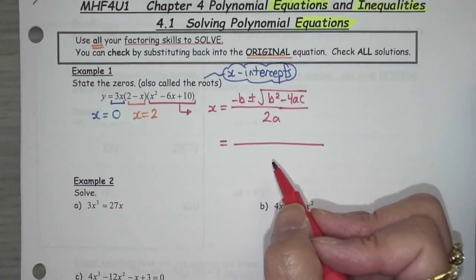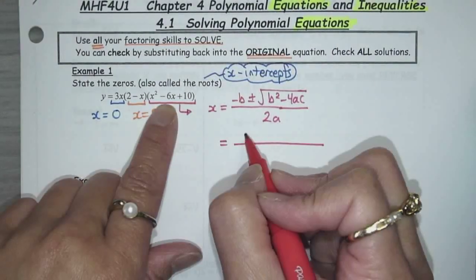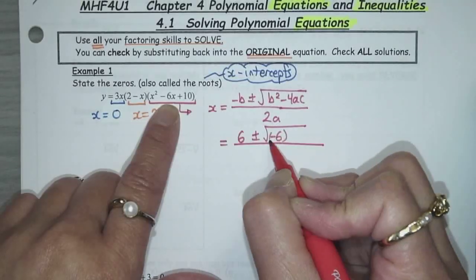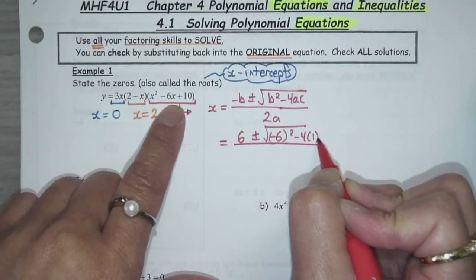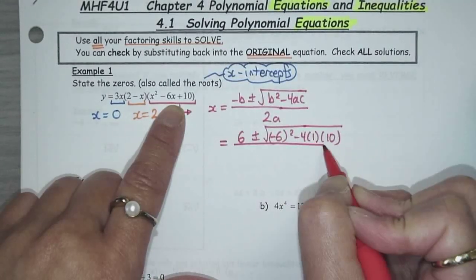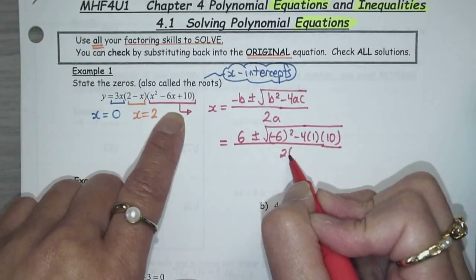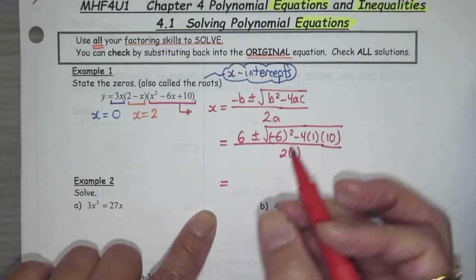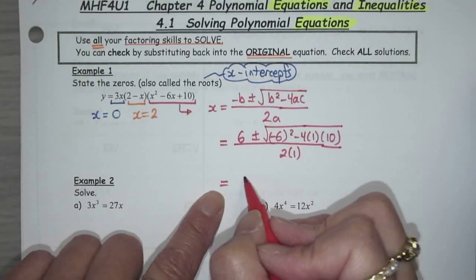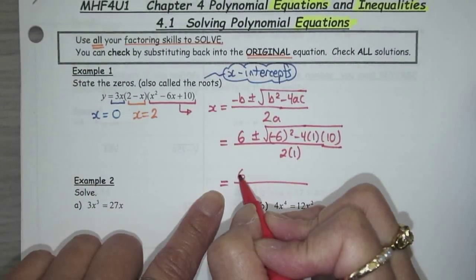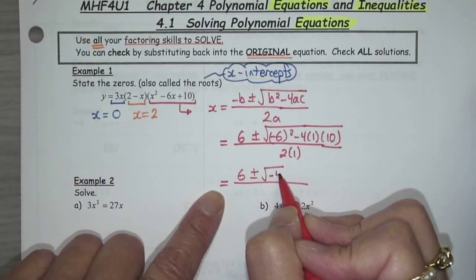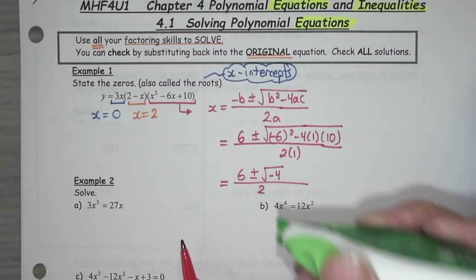We're going to sub that in. So we're going to get 6 plus or minus the square root of negative 6 squared minus 4 times 1 times 10, over 2 times 1. You don't have to show me the times 1; you can skip some of the little mini steps here. You can go 6 plus or minus, and when I simplify this, I'm going to get the square root of negative 4, over 2.